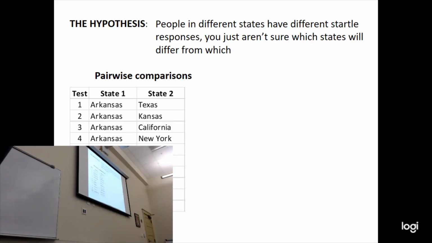If I was living in this world where I had some reason to believe that Arkansas is really different from Texas, what's going to be the error rate, the type 1 error rate for that comparison? Whatever I set alpha to, exactly. So probably 0.05.